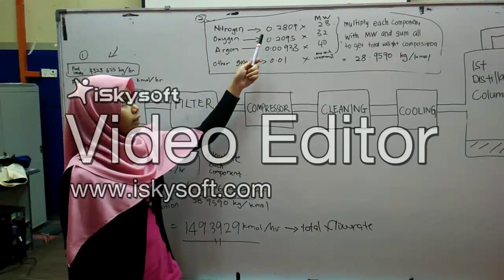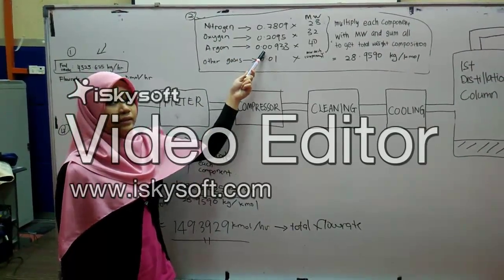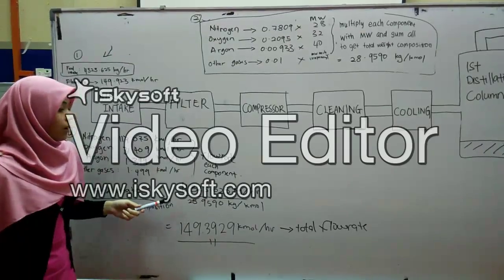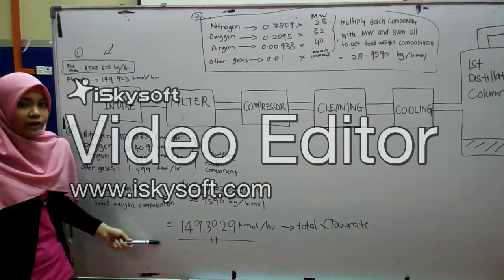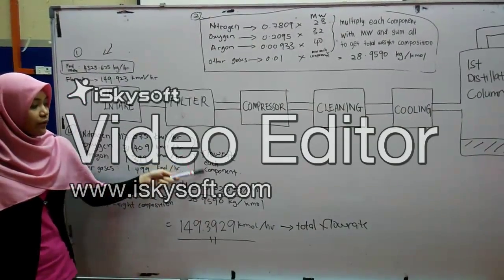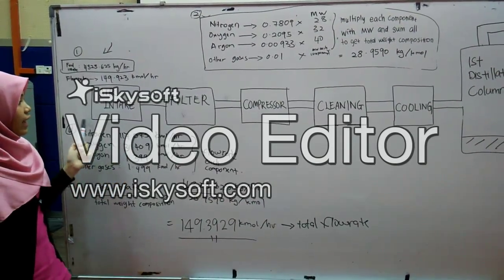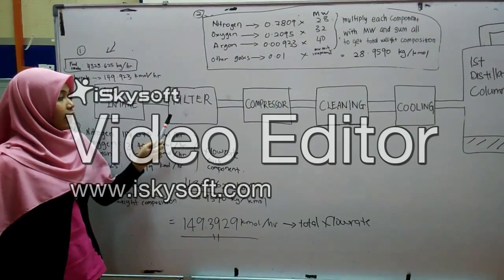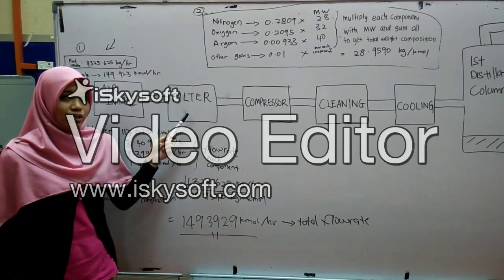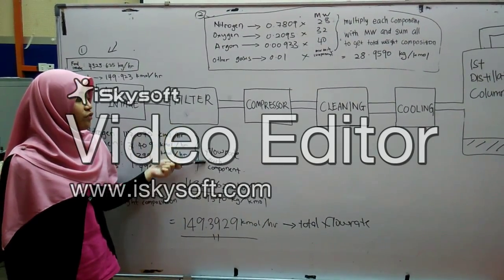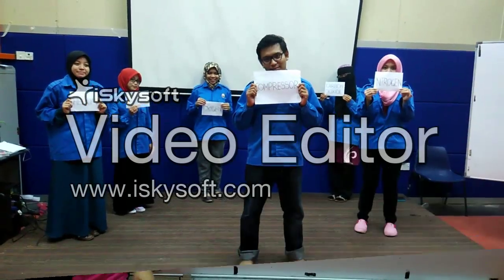We take the value for the component and we multiply with the total flow rate. So we get the flow rate for each component. After that, the air will move through the filter and the value for air remains unchanged, and the filter will remove dust as a contaminant.